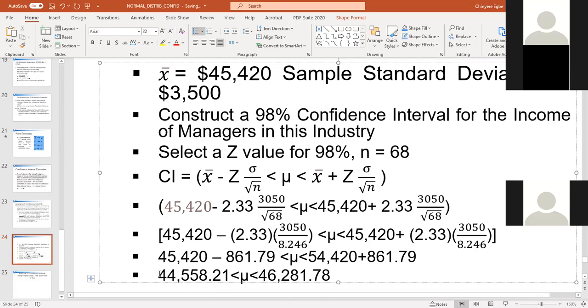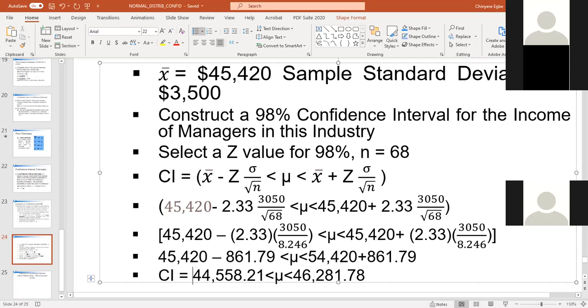So our confidence interval simply says this. Are you all listening? What is the meaning of this confidence interval? The meaning of this confidence interval is very simple.